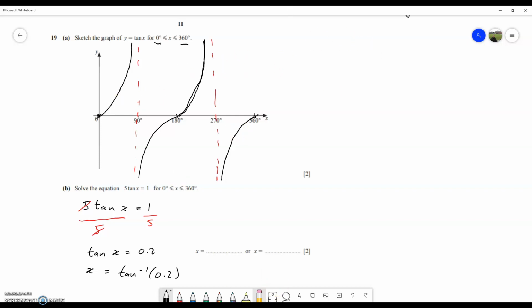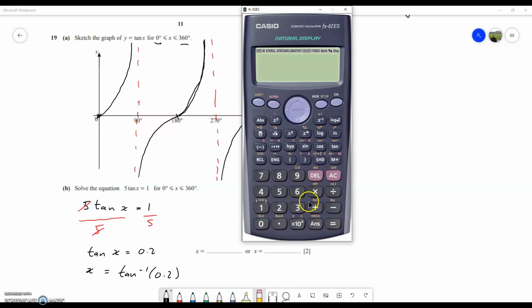So on our calculator, if we do that, we can go inverse tan 0.2, and we end up with 11.31.